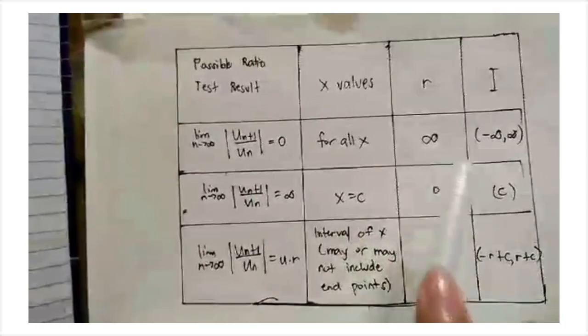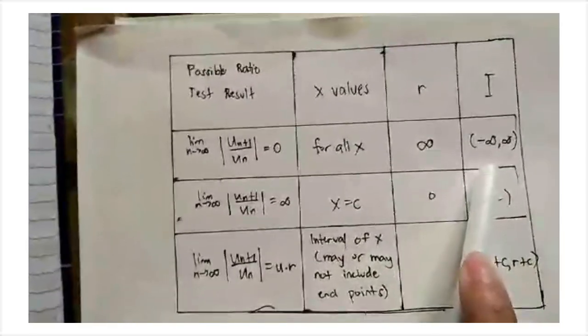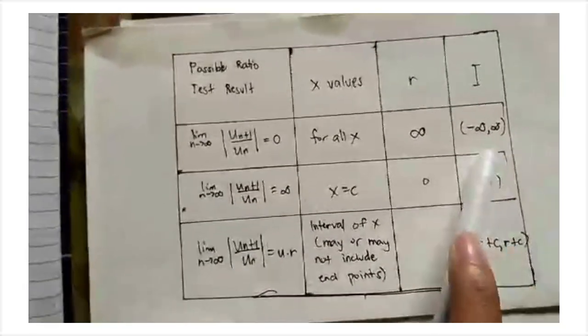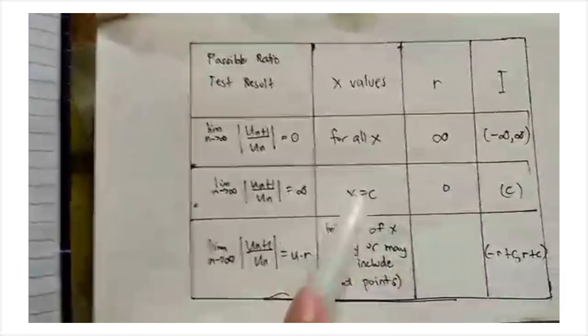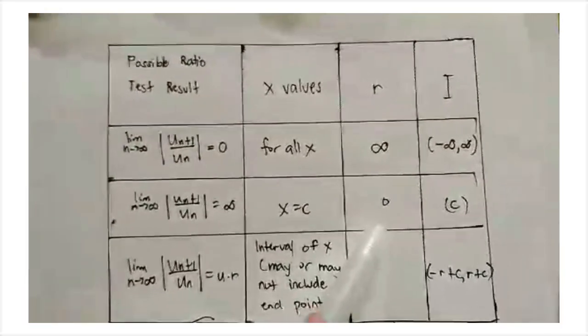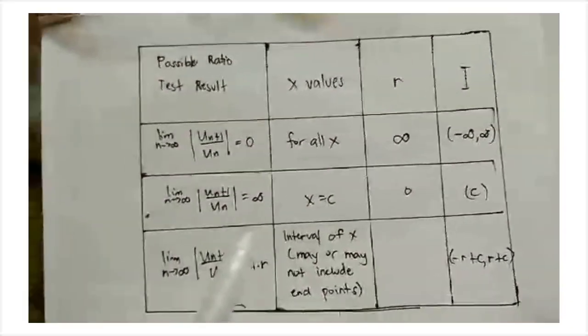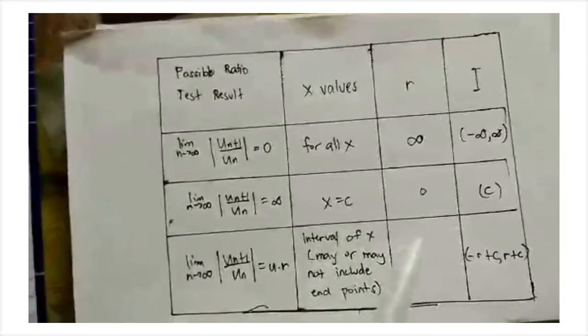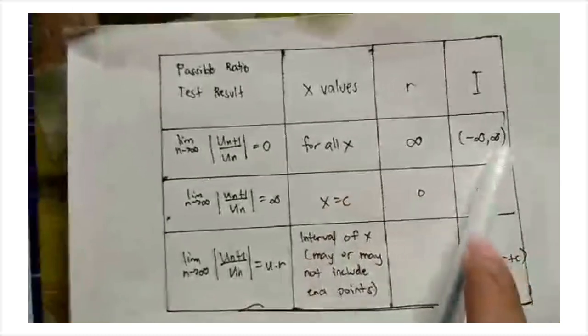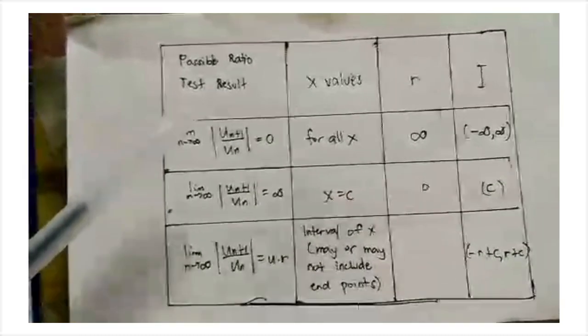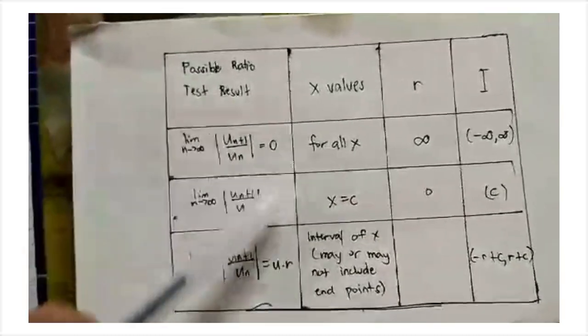Then our radius is infinity and the interval of convergence is negative infinity to positive infinity. This table will help you to easily describe how to get the radius and the interval of convergence when you get the ratio test result.